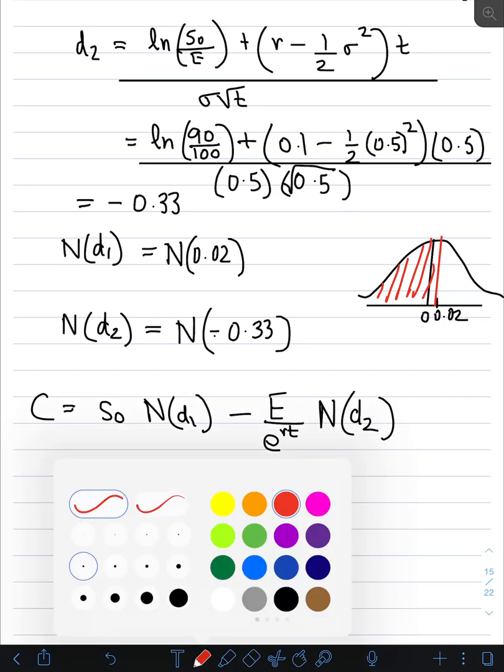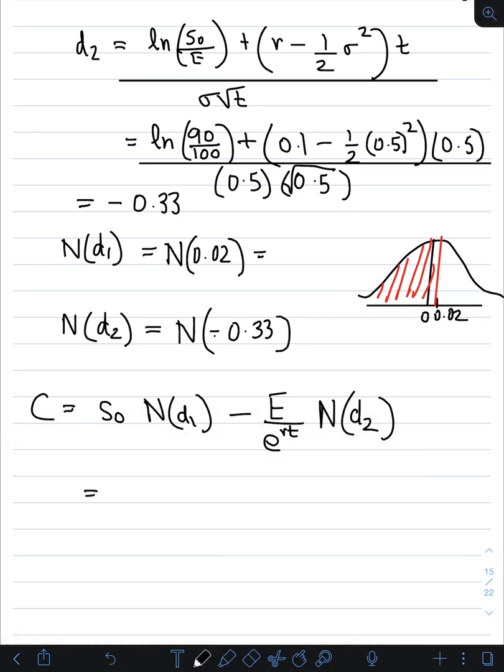And if you looked in the table for that value, you'd get 0.5080. Okay. Similarly, now minus 0.33 is to the left of 0, so the area will be somewhat less than 0.5. Okay, so we can estimate already.